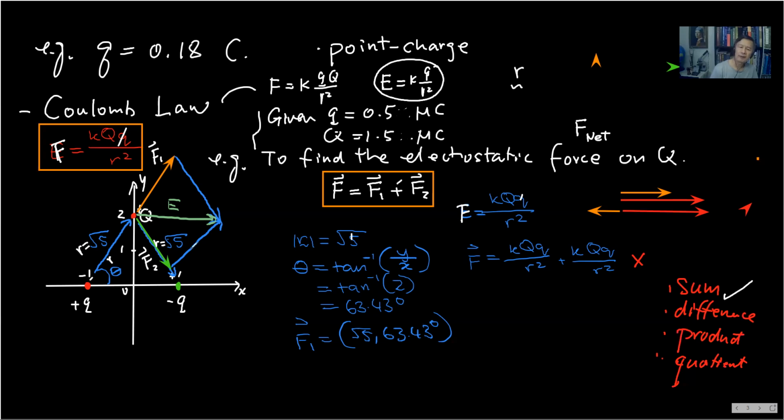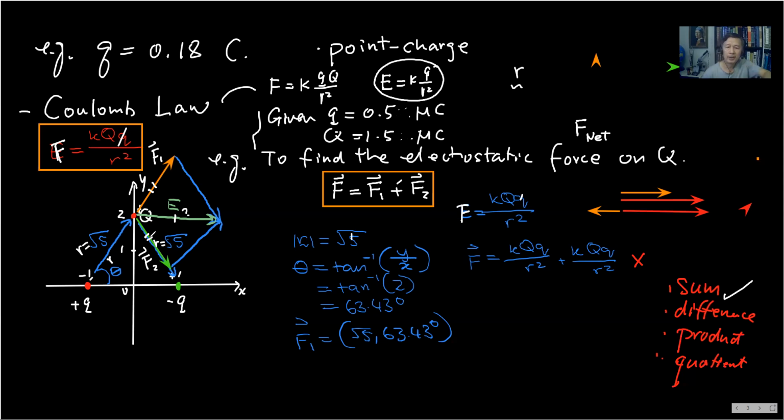So you have to really think how to work out this side. How can we find this side? We know that the direction will be parallel to the x-axis, because these two forces must be equal in magnitude but different in direction. Do you agree?